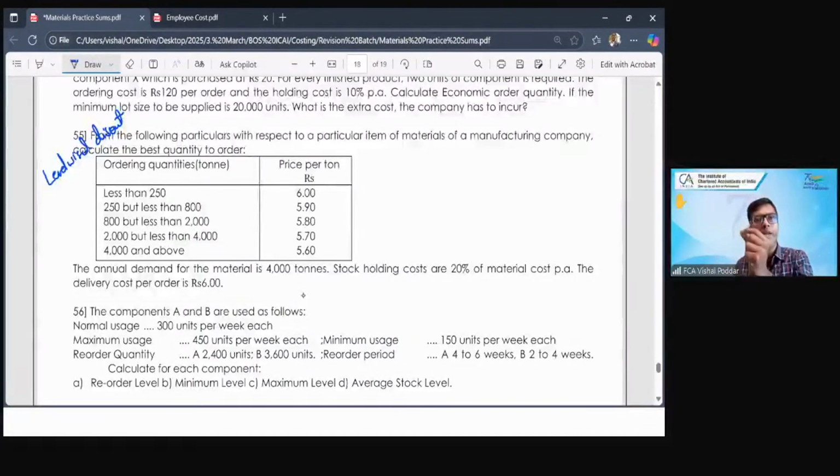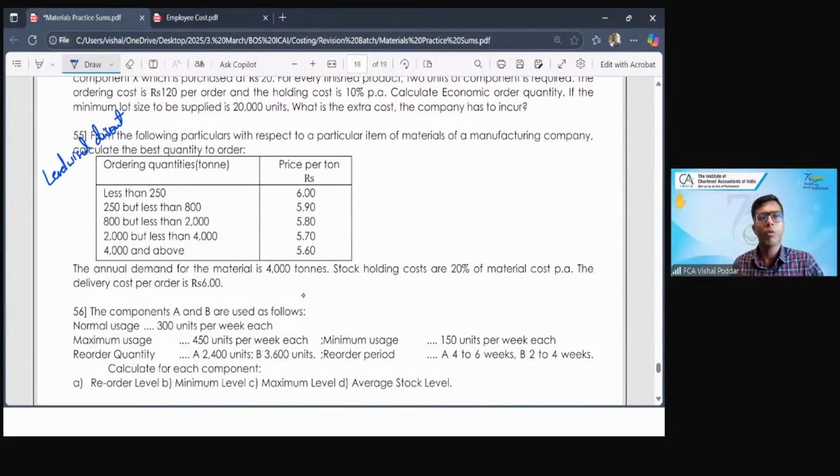Second, depending upon what is given in the question, you will or you will not reduce it from the carrying cost. When in the question they have specifically given that carrying cost is not affected by discount, then you should not reduce it. If nothing is given in the question and carrying cost is given as a percentage of price, as we did in the previous question, you should reduce it.